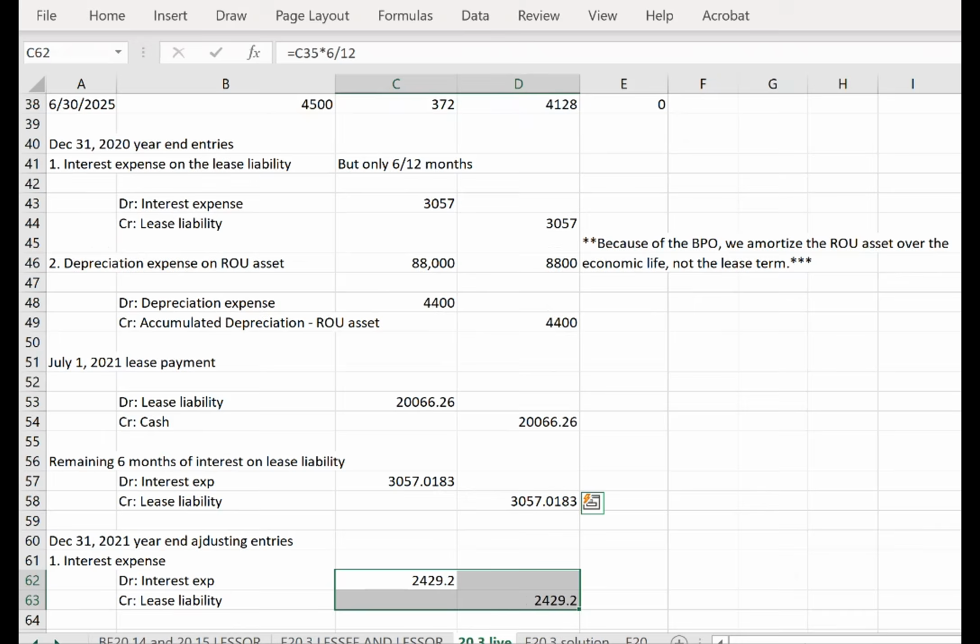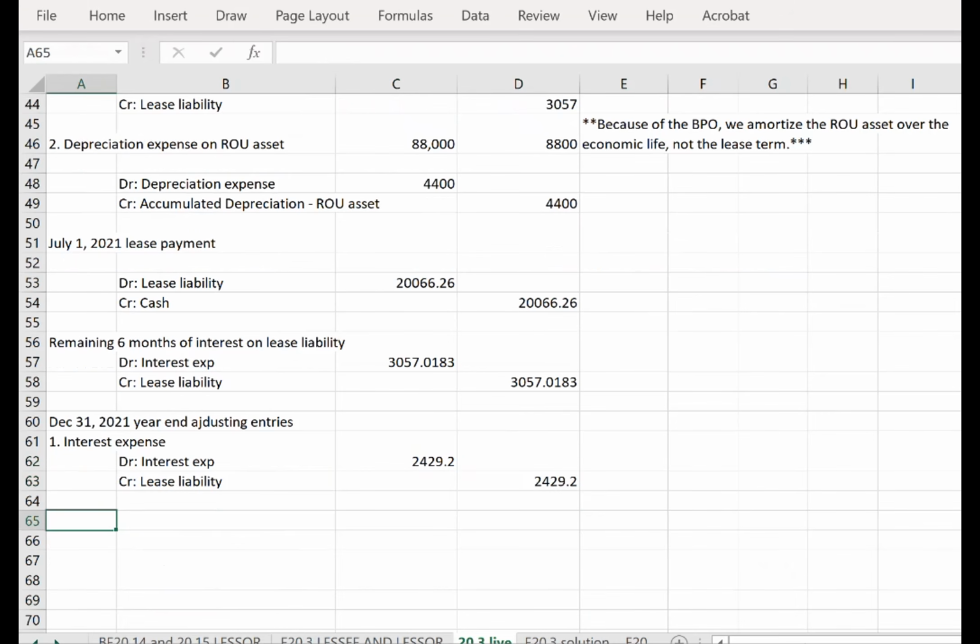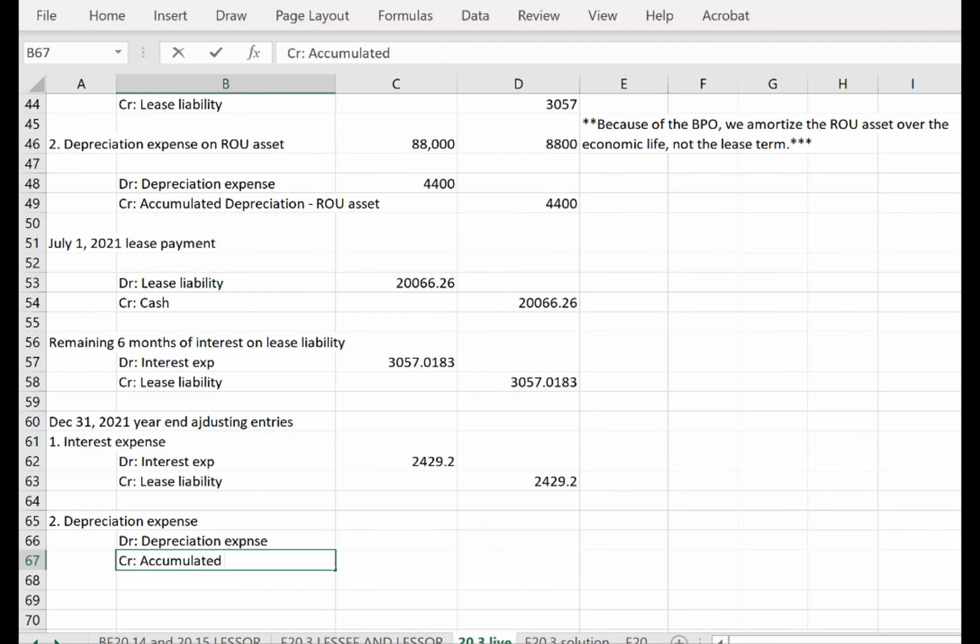Okay. And then what else are we going to have? We're going to have our depreciation expense. So we're going to have debit depreciation expense and credit accumulated depreciation, right of use asset.